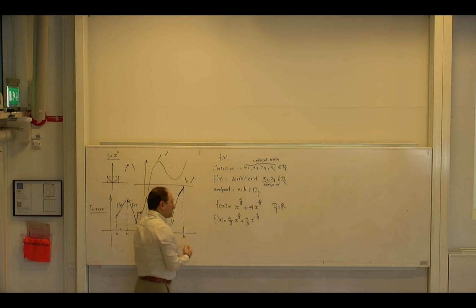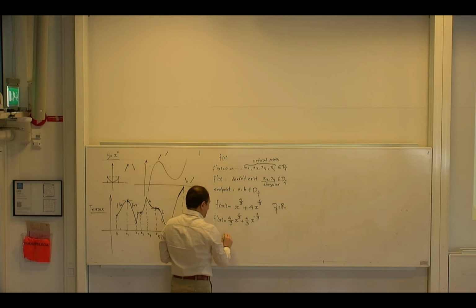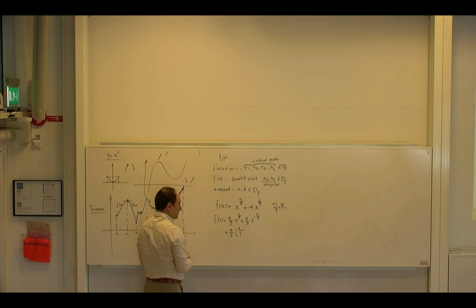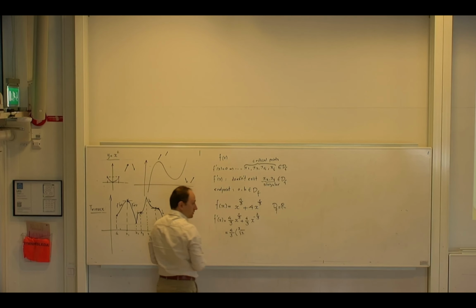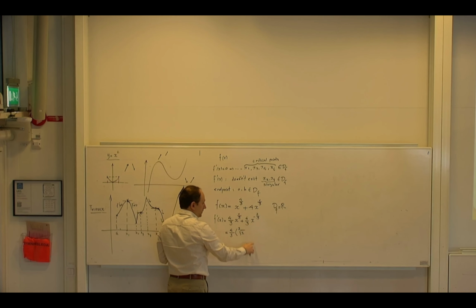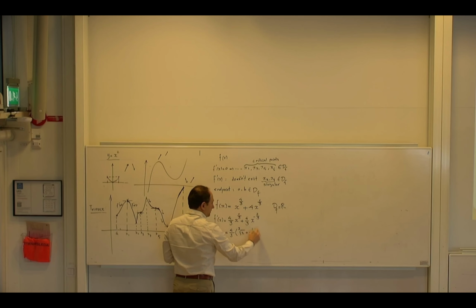I would recommend you to simplify it if possible. So for example, you see that I can factor 4 over 3 out, then I am more comfortable to work with third signs, these radical signs. So this is the third root of x, and I prefer not to work with negative exponents. I bring it down so it becomes positive, but then I can write it as the third root of x squared. Do you agree?